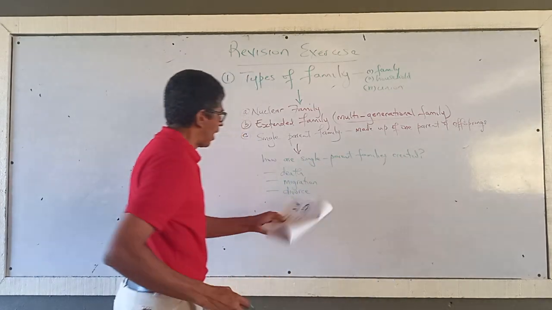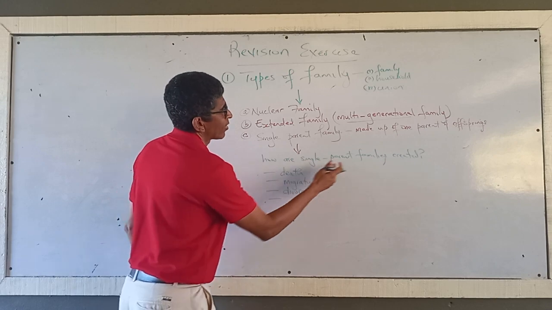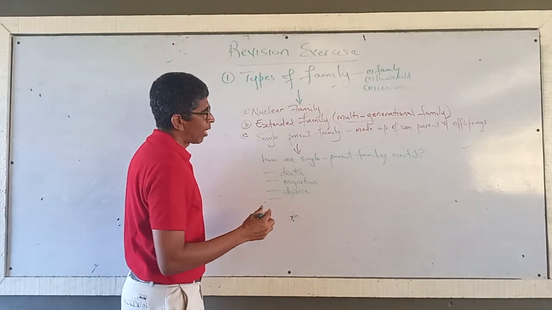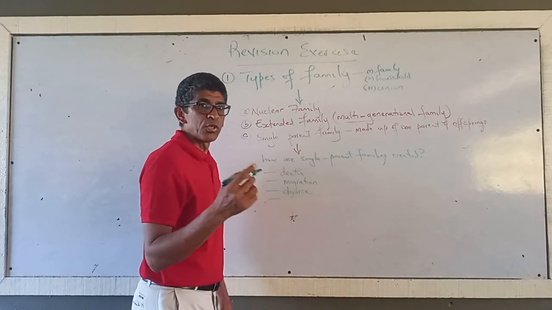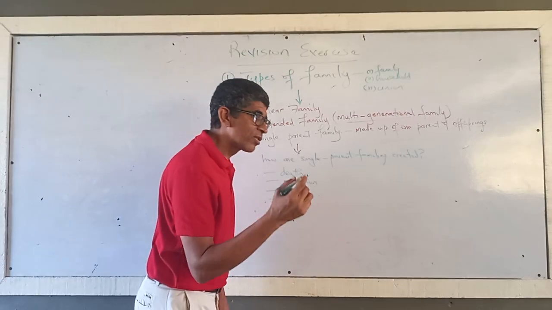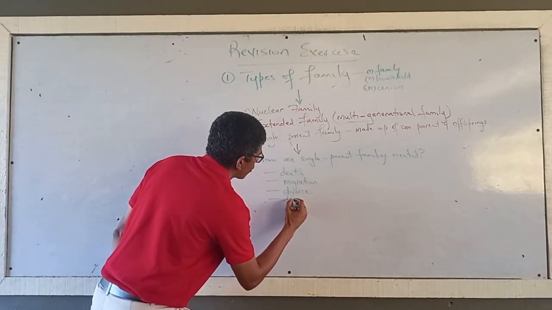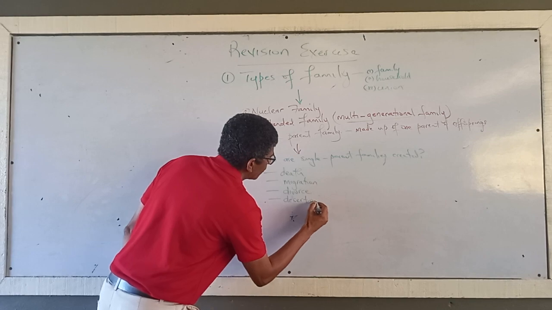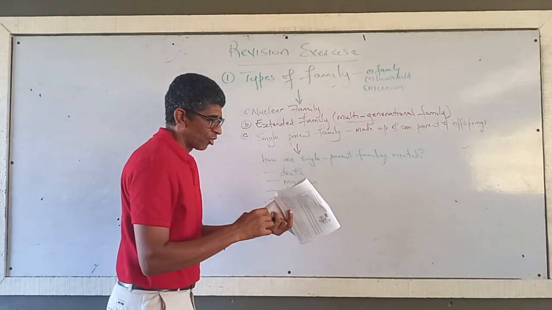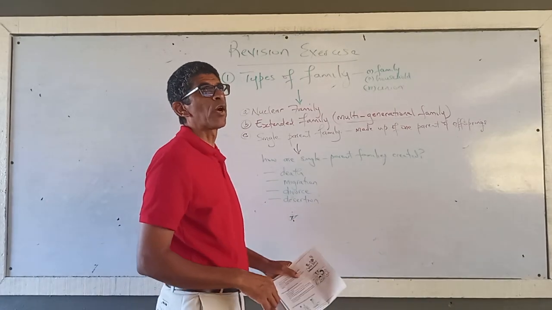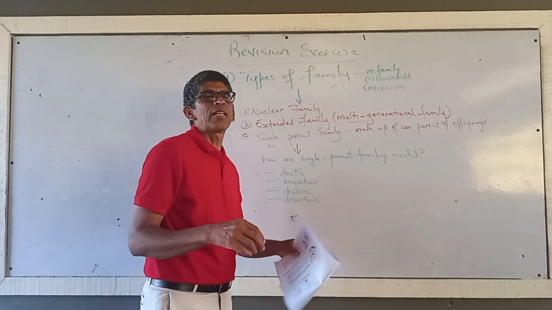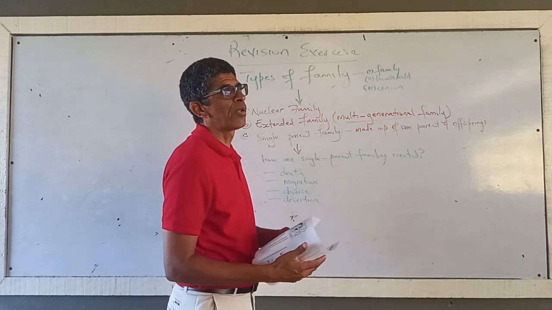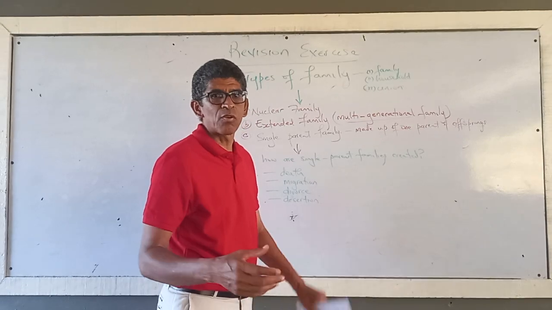All right. Another reason that could cause a single parent family to be created would be, what did you say? Desertion. Very good. Desertion has to do with one parent who runs away, doesn't feel that he or she is capable of assuming the parental responsibility of taking care of a child.